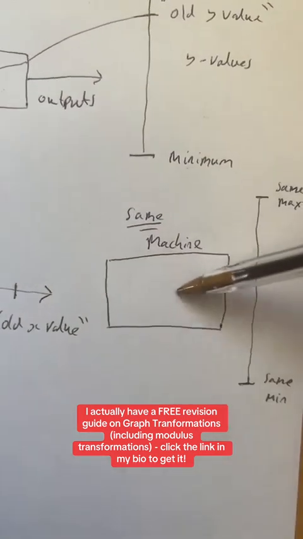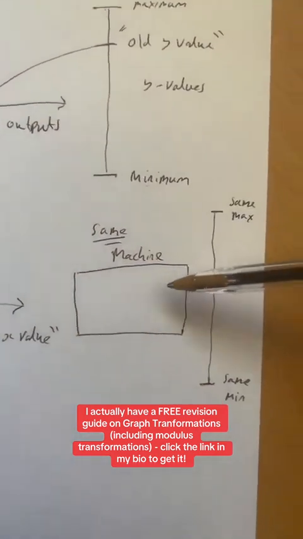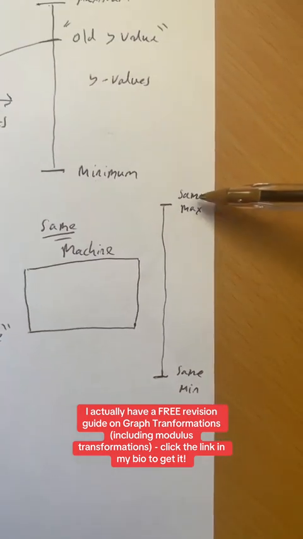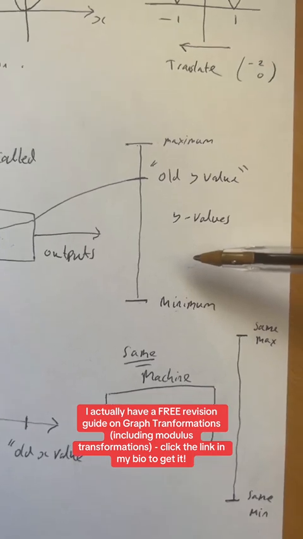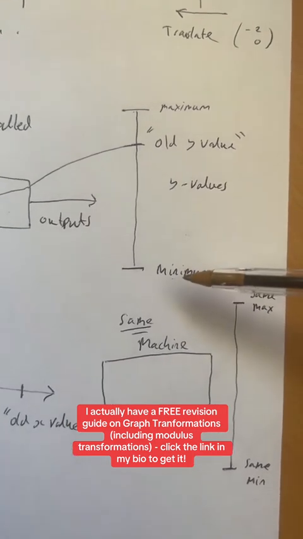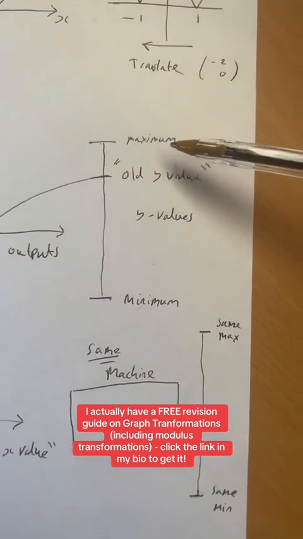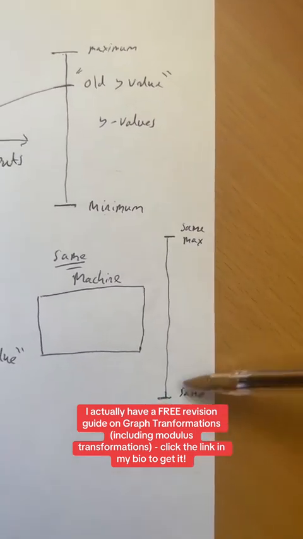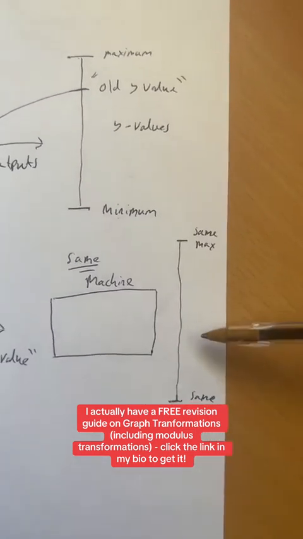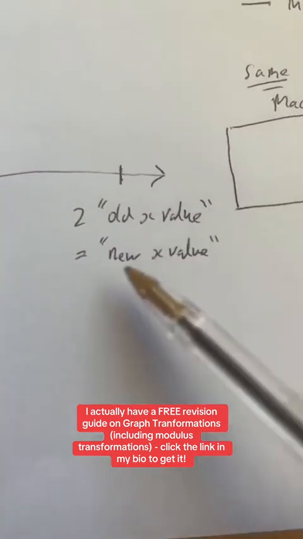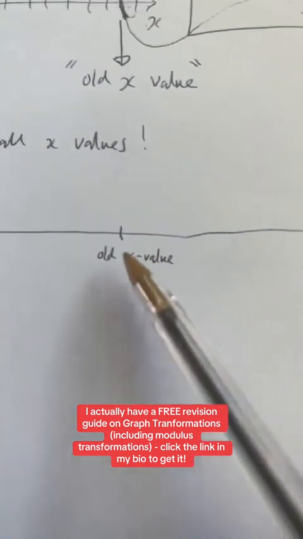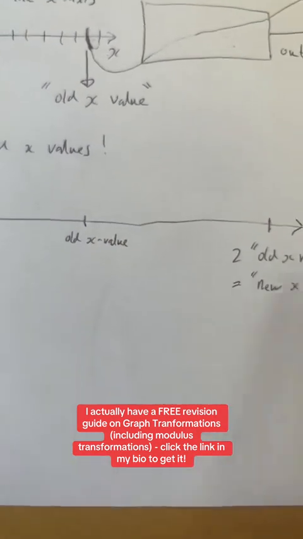Because it's the same machine, both the minimum and the maximum possible outputs do not change. A machine cannot go lower than its minimum or bigger than its maximum. So it's still exactly the same range as before. Nothing has changed in terms of the outputs. Now I'm going to call 2 times the old x value the new x value, and so this here is half of the new x value.